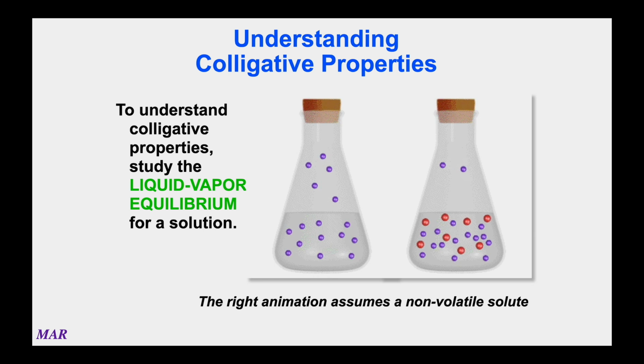So solute acts kind of like a bouncer at a nightclub, all right? They're keeping the liquid molecules from going into the gas phase. They're blocking the equilibrium. Now, once they get in the gas phase, it's easy to go back to the liquid phase. The blockers don't have anything to do with that. But those solute molecules are keeping the liquid molecules from getting into the gas phase.